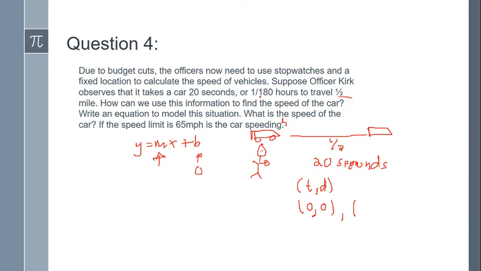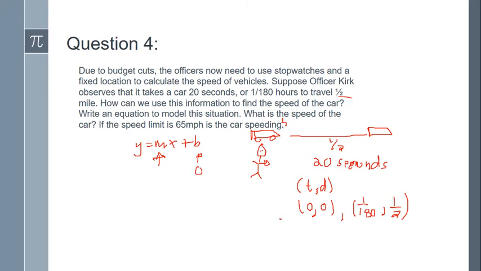Then 1/180th of an hour later, so that's this number, 1/180, the vehicle has traveled half a mile. Alright, so now we can use these 2 points on this line to calculate the slope. Then we can write our equation in slope-intercept form.